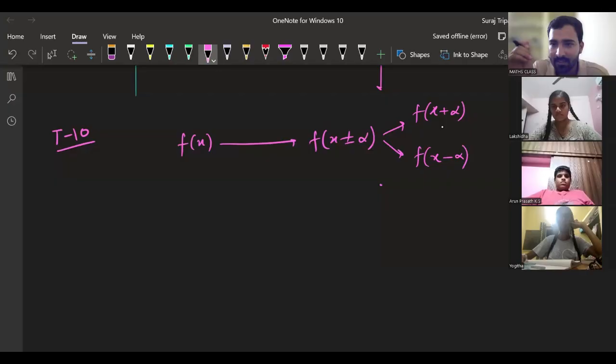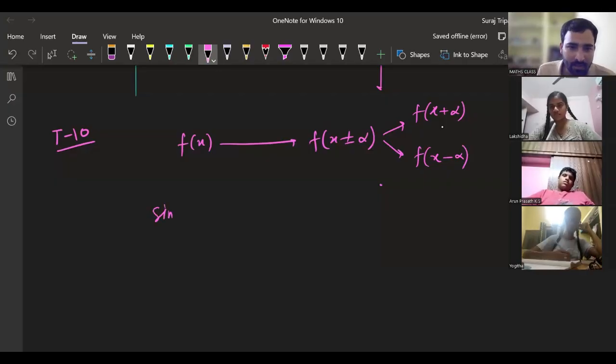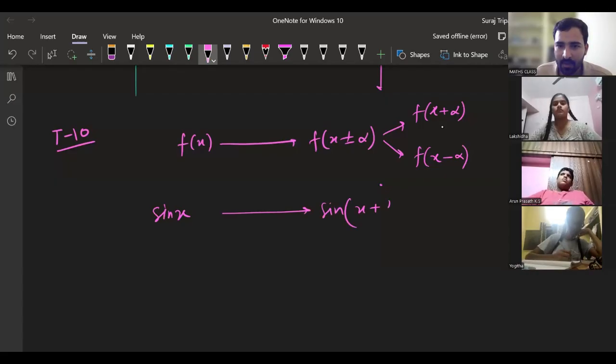So here, for example, we have a graph sin x. If we are writing sin x to sin x plus pi by 2, then by this number pi by 2, we have to shift the entire graph towards the left side. If we are adding, that means we are shifting the graph towards the left side.